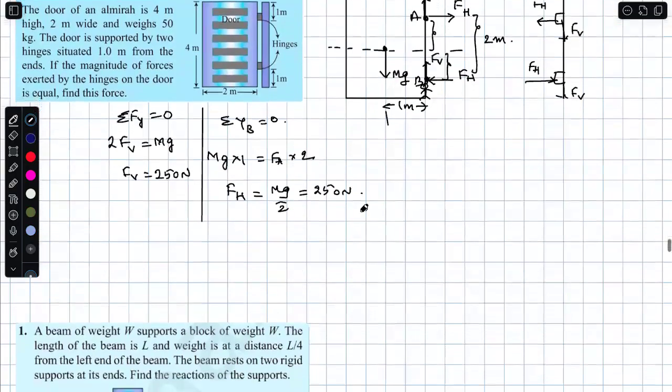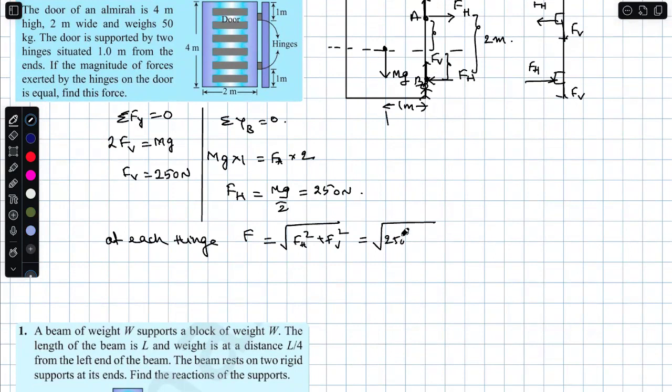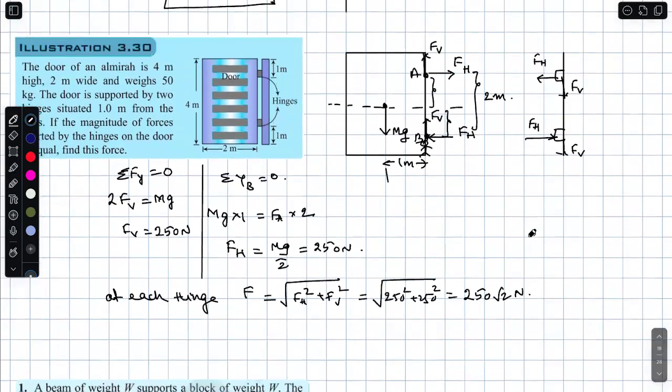At each hinge, the resultant force is root of FH square plus FV square. That will become 250 square plus 250 square, which is 250 root 2 Newton. Remember, they are very fundamental models. Very fundamental models. Right. Dakshish, what is your feedback? Is it okay? Yes, sir. Right.